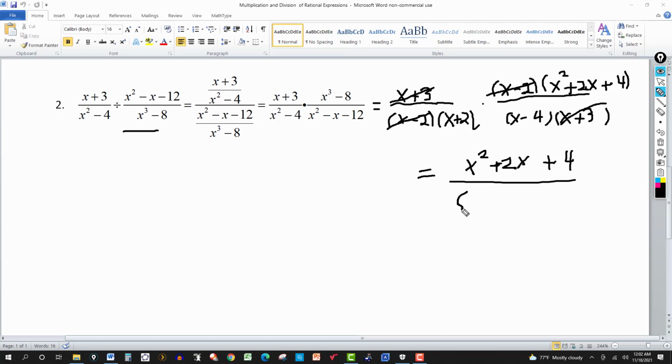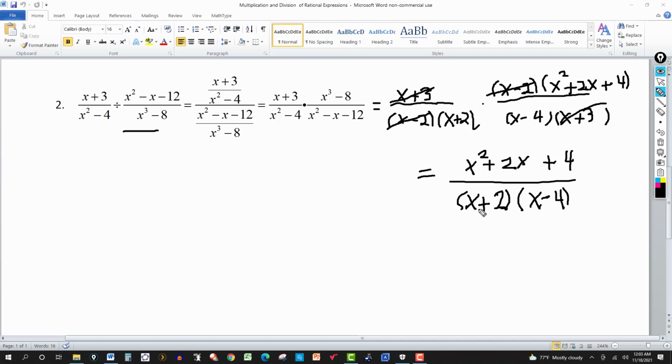So we write out the x plus 2 and the x minus 4, and that is the reduced solution.